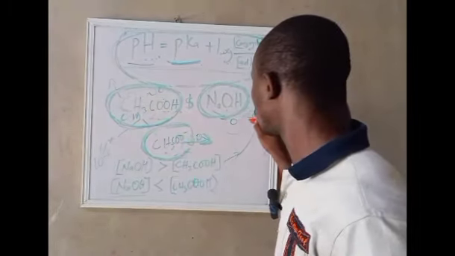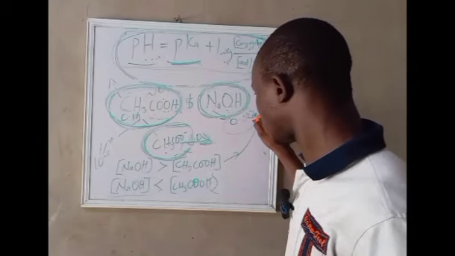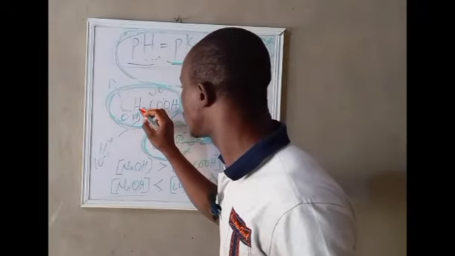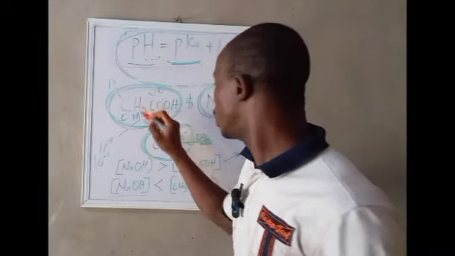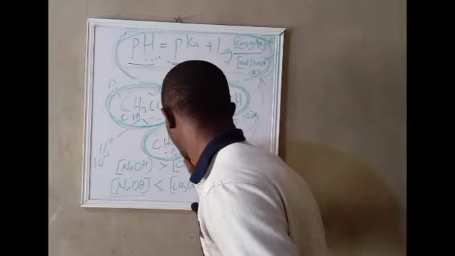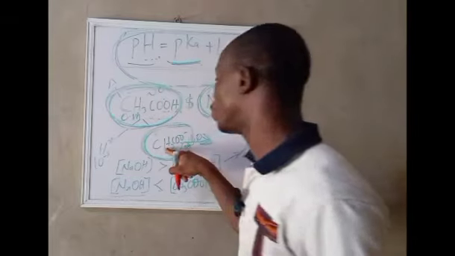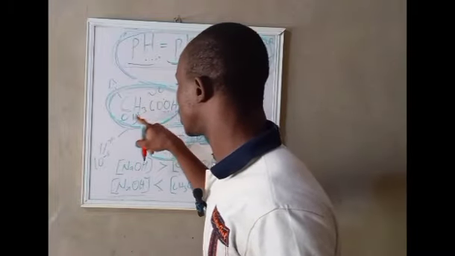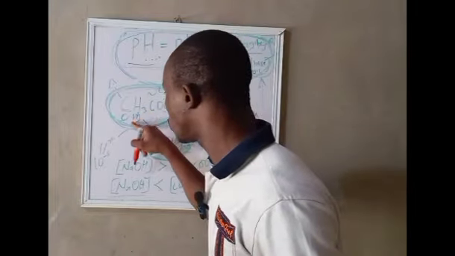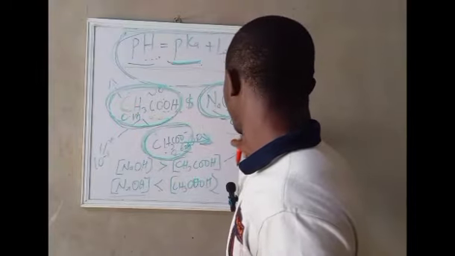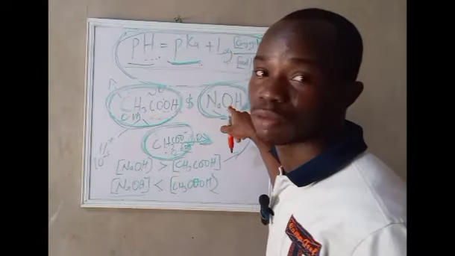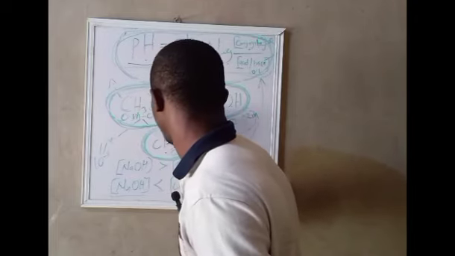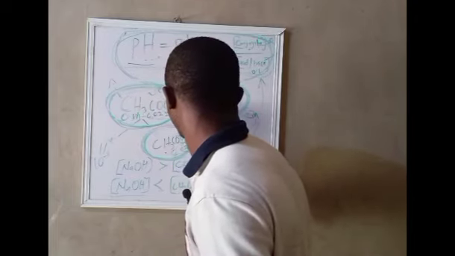So the 0.02 molar of this strong base will react with 0.02 molar of this weak acid, which will produce 0.02 molar of this conjugate base. What will happen to this is that initially you have 0.1, but 0.02 of it has been removed by the strong base. So what will be left here will be 0.1 minus 0.02, and that becomes 0.08.